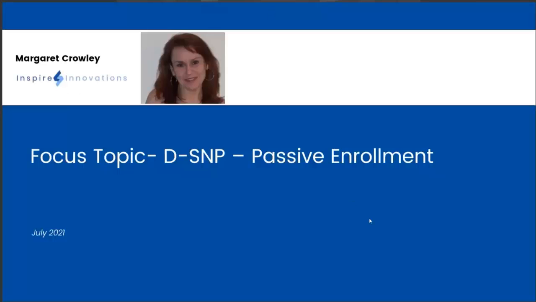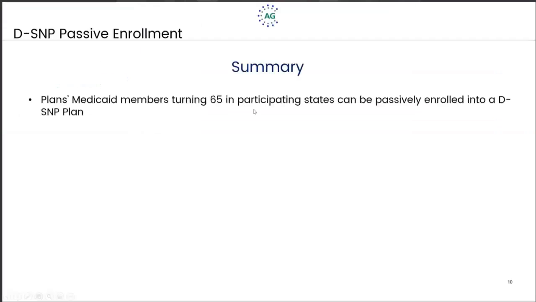Hey, thanks, Danielle. As Danielle said, I am lead consultant for Inspire Innovations, and we'll be talking today about passively enrolled DSNP members. So I'm going to take you first through a little bit about the program itself. A quick summary: any of the plan's Medicaid members turning 65 in participating states can be passively enrolled in a DSNP plan, and we will go through what that means, passively enrolled, as we go through the session today.